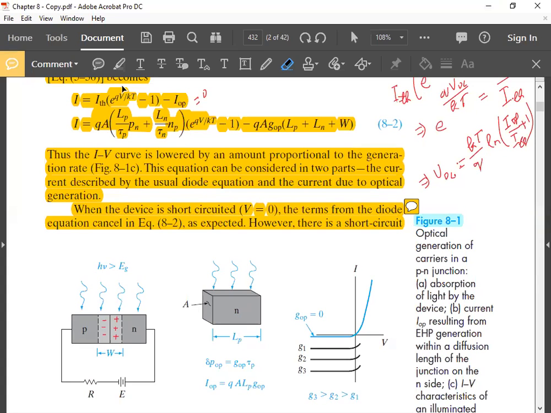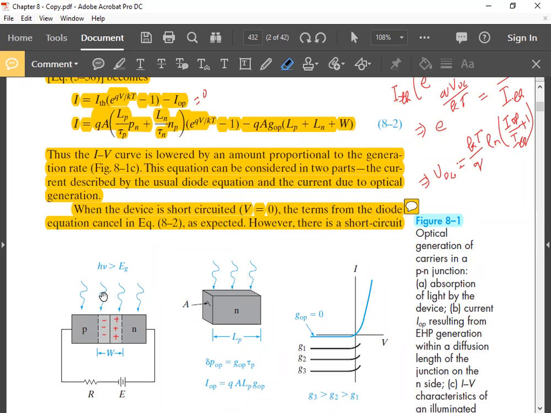How can you make this 0? By short circuiting P and N. So this e to the power QV by KT becomes 1. So the first part becomes 0. So I is equal to minus IOP.